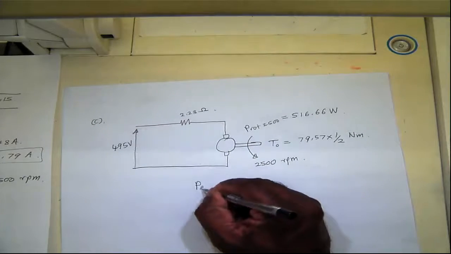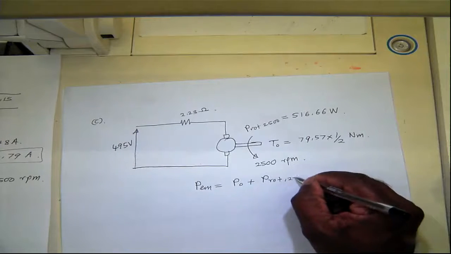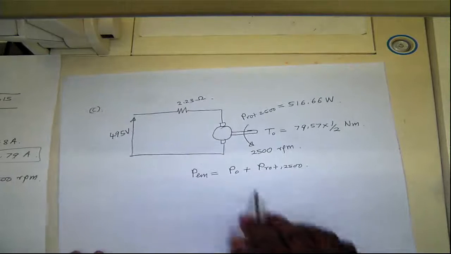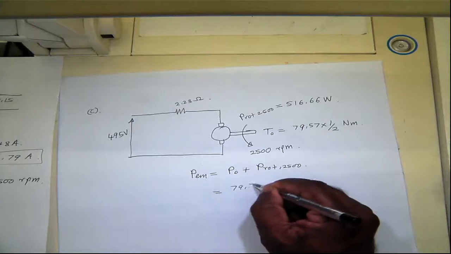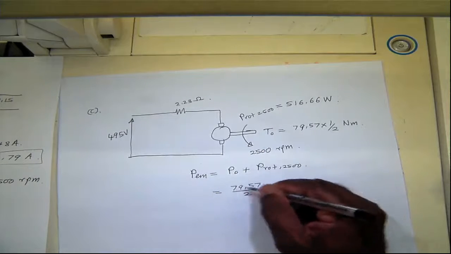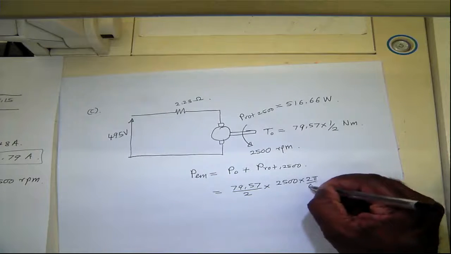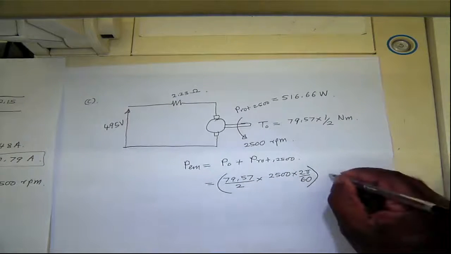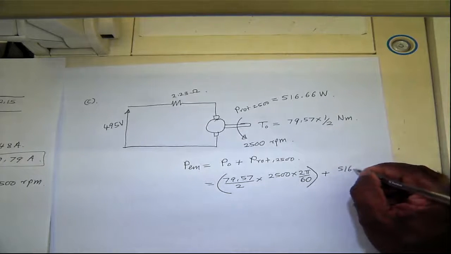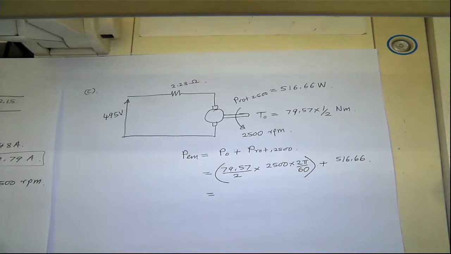So PEM is not different to the previous one. PEM is P out plus P rotational losses at 2,500. P out is the torque times speed, so that's 79.57 times 2,500 times 2 pi over 60, all within the bracket, halved, gives you the output power, plus 516.66, that's the rotational losses. The sum of those two gives you the electromechanical power developed by the motor.